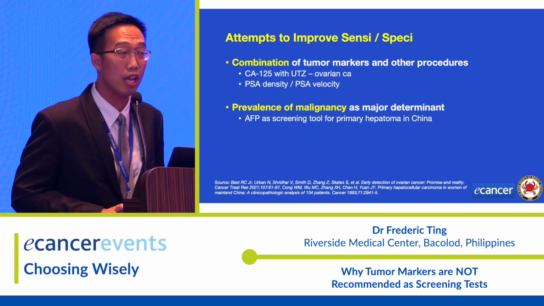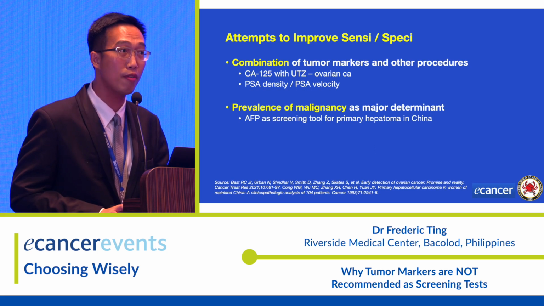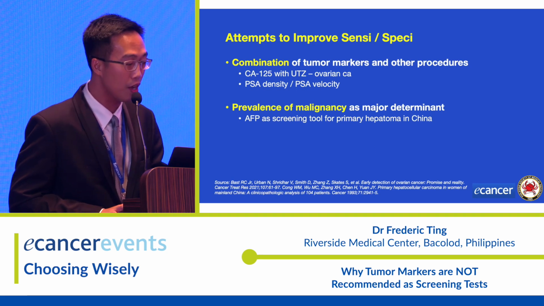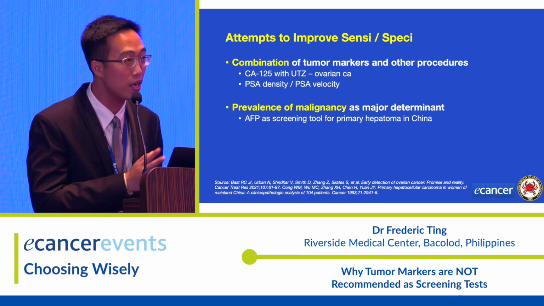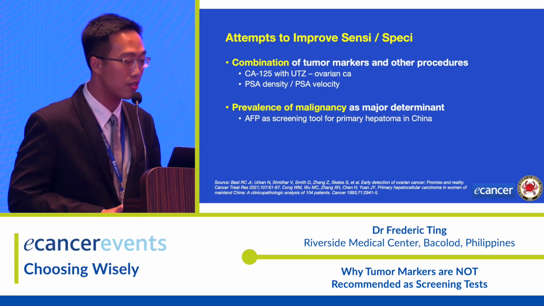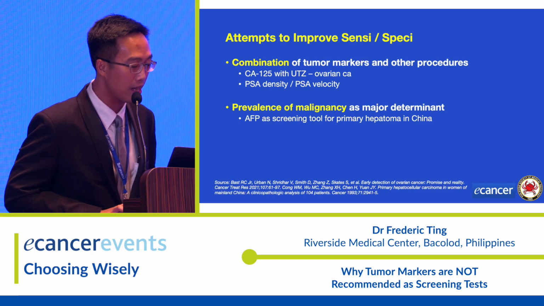PSA determination in elderly males with urinary symptoms has evolved from the value of PSA itself to the use of PSA density and PSA velocity. And there are many studies that help us decide how to evaluate these tests.